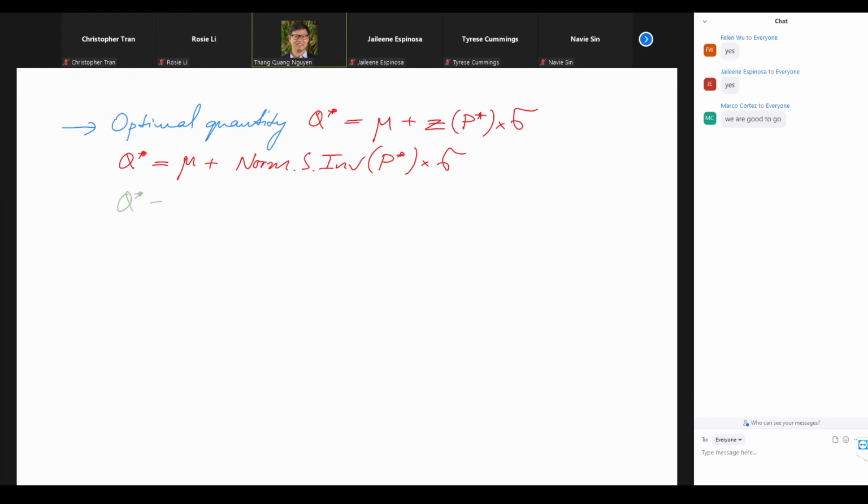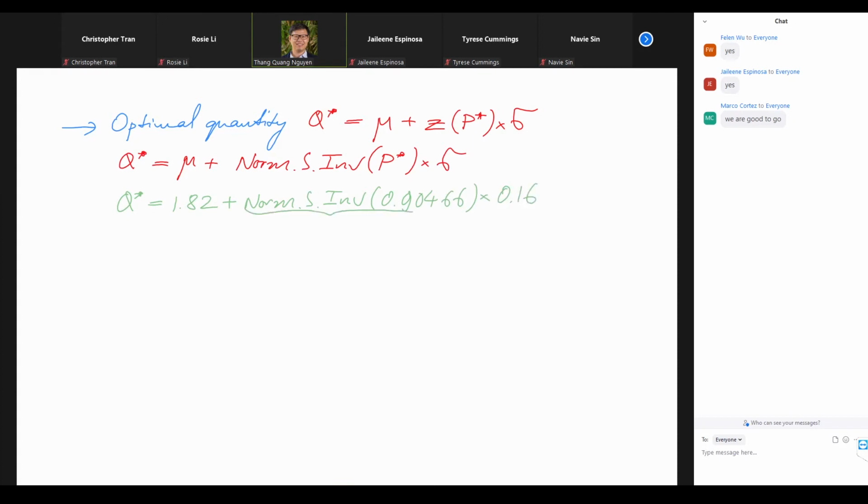So Q star in this case is going to be the 1.82 given by the question plus NORM.S.INV of 0.90466, the optimal service level that we try to achieve, right? And multiply with the 0.16.